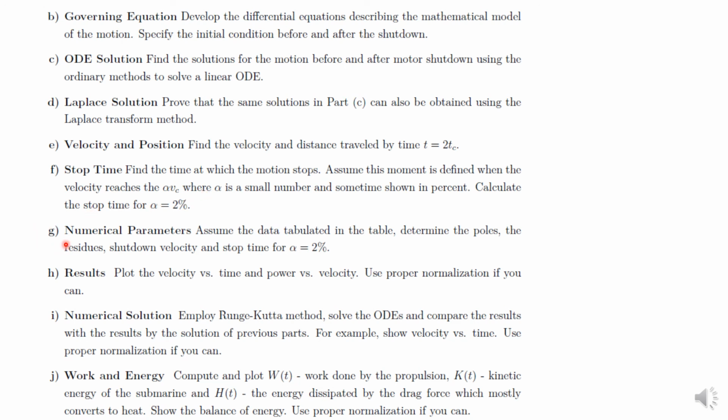And then after G, I will give you the table. So you need to replace the values from the table to get the numerical solution for what is the pole, what is the residue. Residue is the coefficient, the coefficient after the partial fraction expansion.